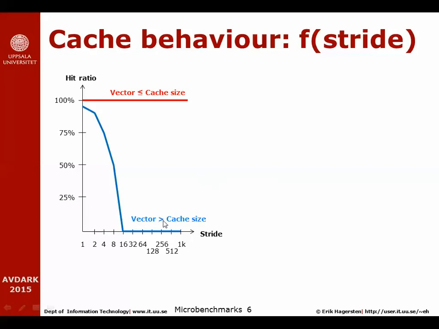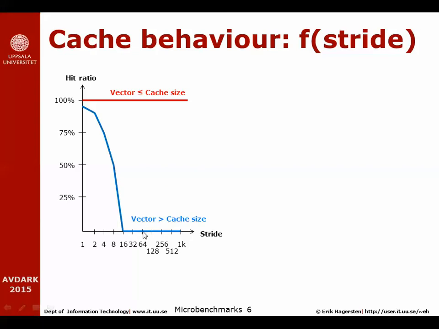So by looking at this picture, we can ask ourselves, what's the magic with the number 16 here? At stride 8, we access each cache line exactly twice, because that's what this 50% number tells us. The magic thing that happens at 16 is we access every cache line exactly once. At stride 32, we access every other cache line exactly once, and then every fourth cache line exactly once.